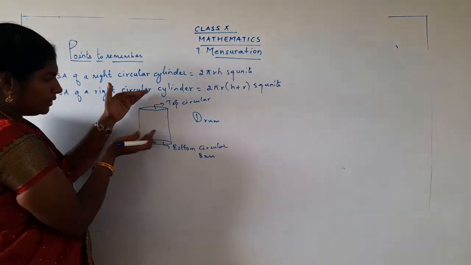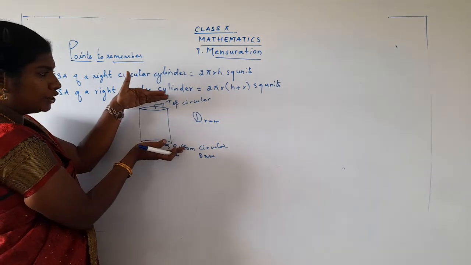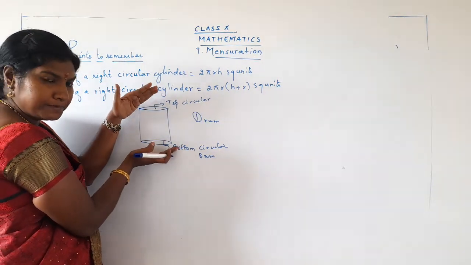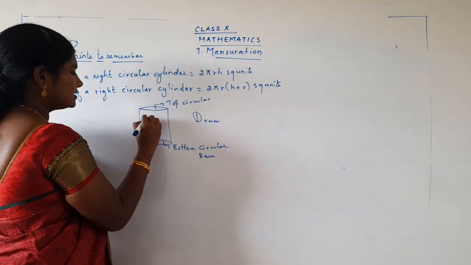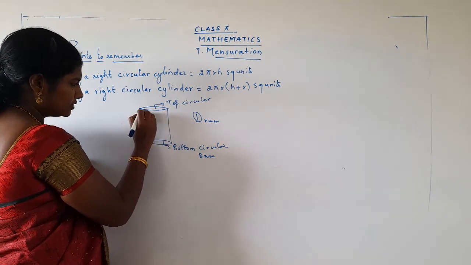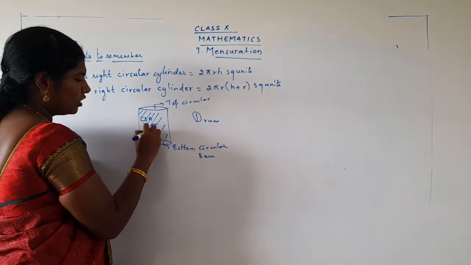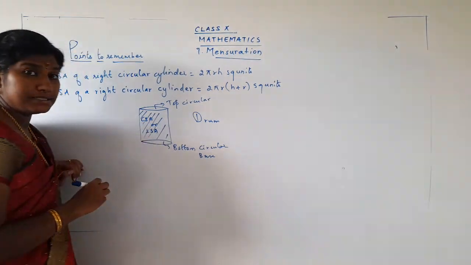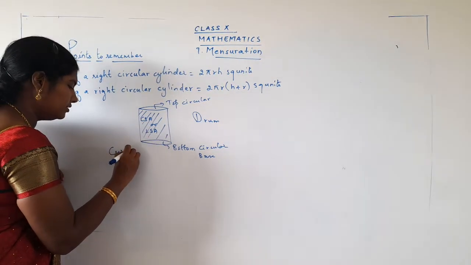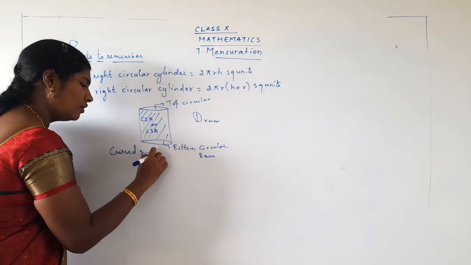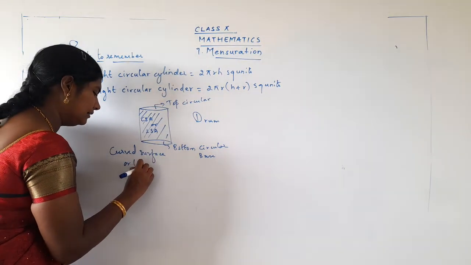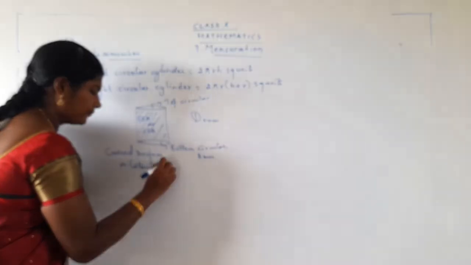The area between the top circular base and the bottom circular base is called the curved surface area, or you can call it the lateral surface area.